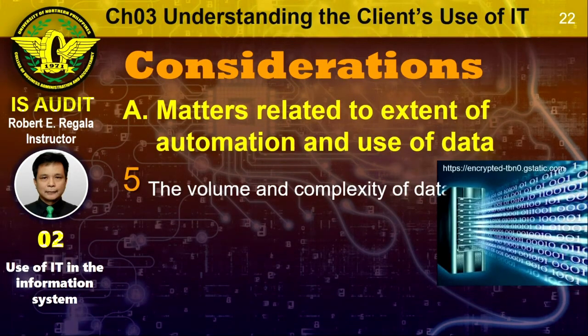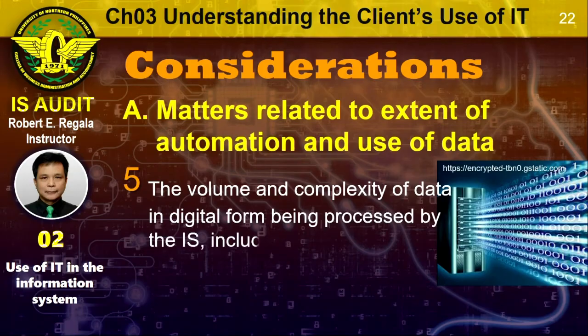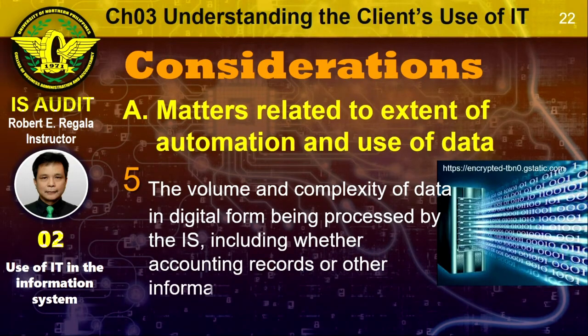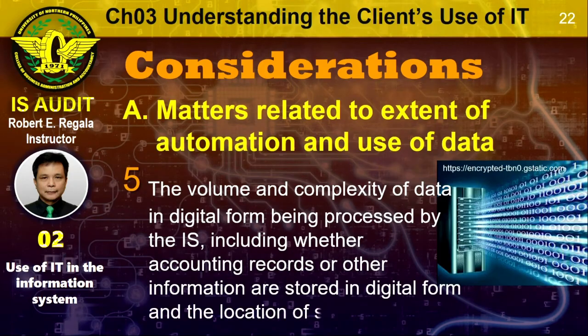Number 5. The volume and complexity of data in digital form being processed by the information system, including whether accounting records or other information are stored in digital form and the location of stored data. For non-complex implementation, there is usually low volume of data or simple data that is able to be verified manually. Data availability is usually local.